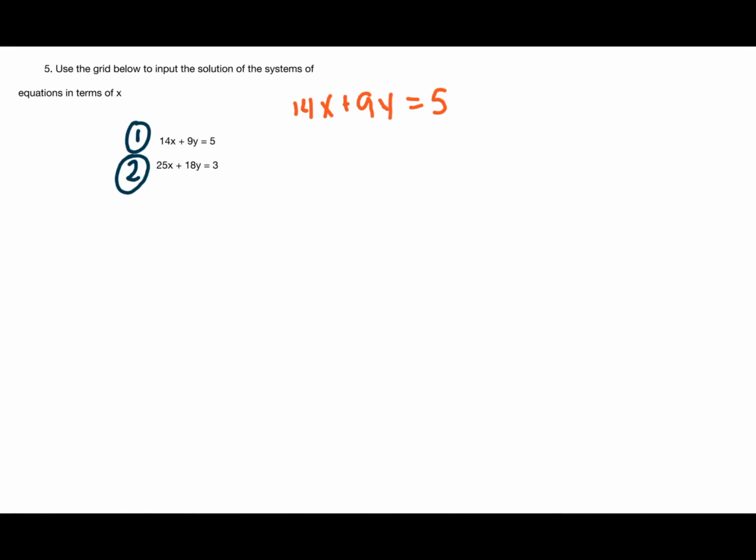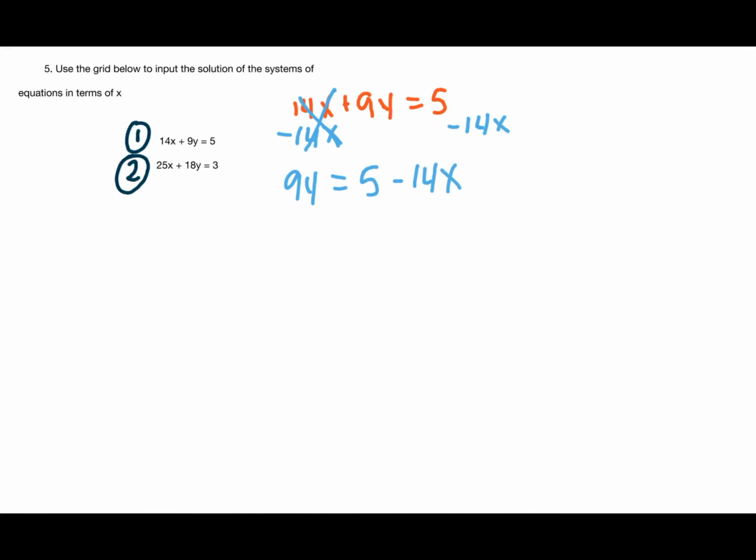So you need to isolate y by subtracting 14x over, which cancels out the 14x's on the left side and puts them on the right. So now we have 9y is equal to 5 minus 14x.